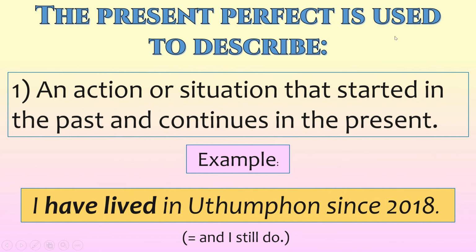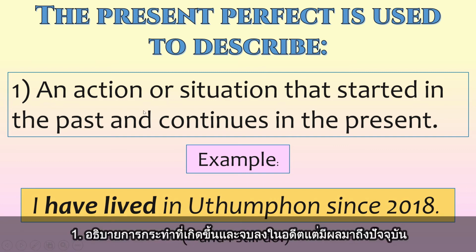The present perfect is used to describe, number one, an action or situation that started in the past and continues in the present. So present perfect is used if you started a situation or action before and you're still doing it now.